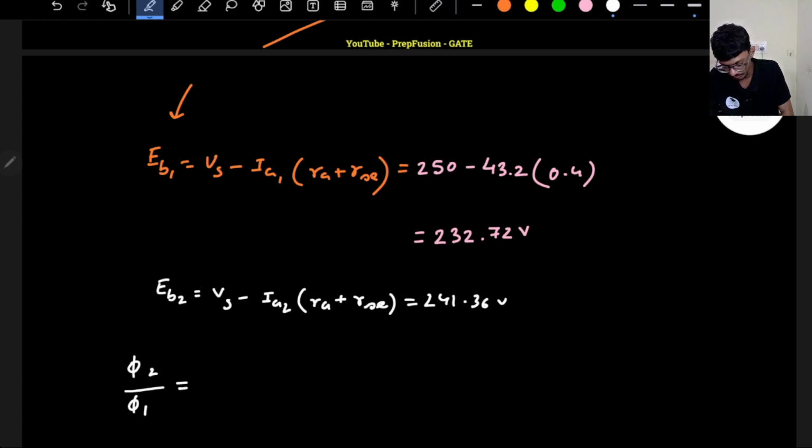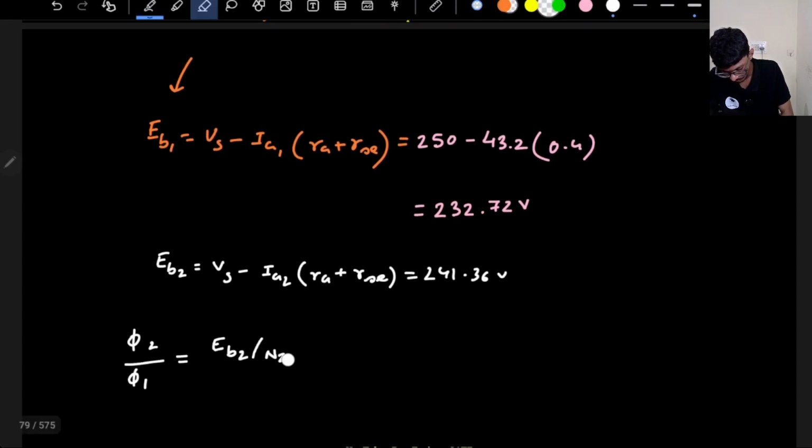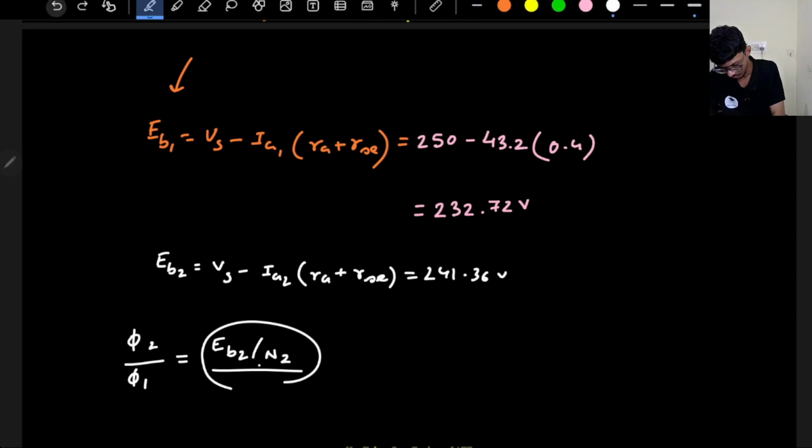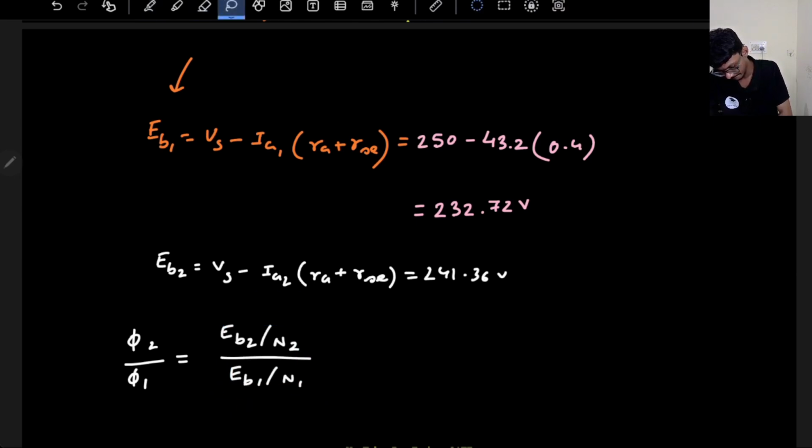Phi 2 by phi 1 will be EB2 by N2, divided by EB1 by N1. So it is basically EB2 by EB1 into N1 by N2.